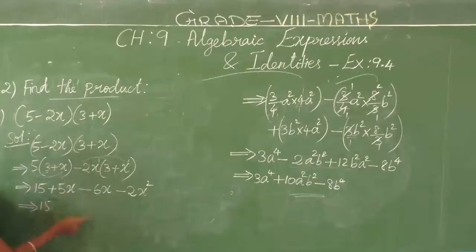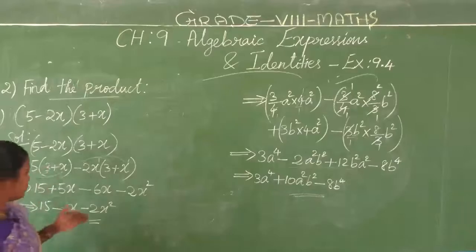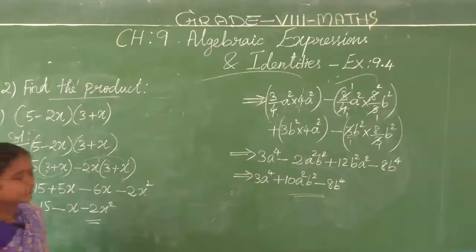Minus 6 only is greater, so minus 1x will come. Simply we can write that. No need to put the coefficient here. If you do not enter it also, it gives the meaning minus 1 only. Minus 6 plus 5 becomes minus 1. Minus 1 into x, minus x, minus 2x square. This is the answer for this. Simplest way only. On this basis you can solve the remaining questions also.